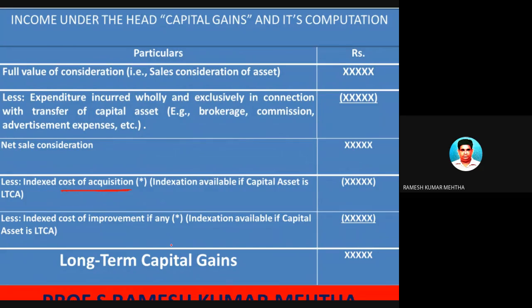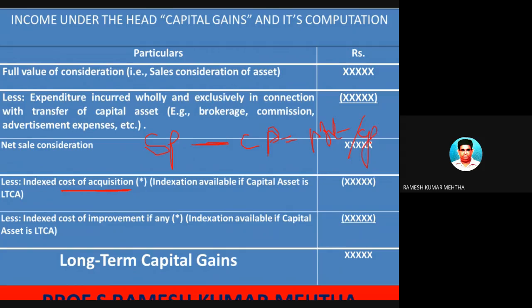To find out long-term capital gain, or any gain or profit, the simple formula is selling price minus cost price. As you might have heard about this formula way back in your 6th or 7th class, selling price minus cost price is equal to profit or gain.